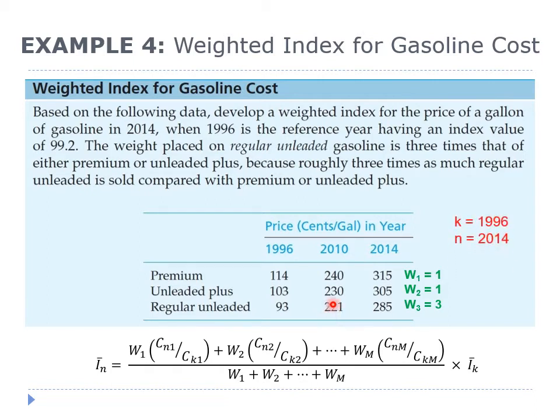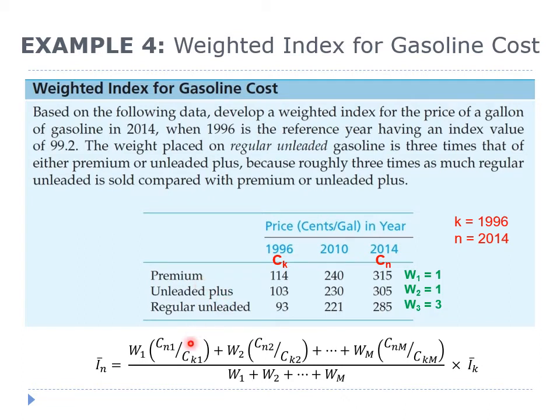Our reference year K is equal to 1996, and N is the year for which the index is calculated, N equals 2014. CN is the price of the gasoline in 2014 and CK is the price of gasoline in 1996. Let's say 1 is the premium gasoline.